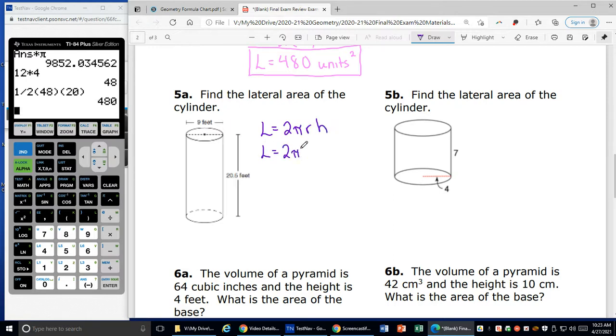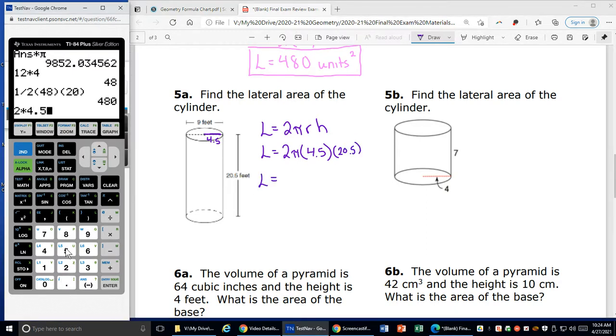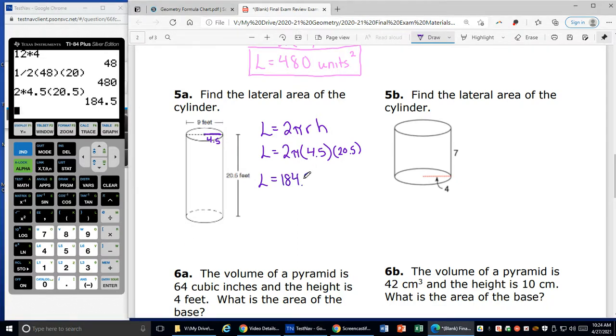2 pi. My radius now, all the way across is 9 feet, then halfway across is 4.5 feet. And the height is 20.5. So my exact answer, 2 times 4.5 times 20.5, is 184.5 pi square feet.